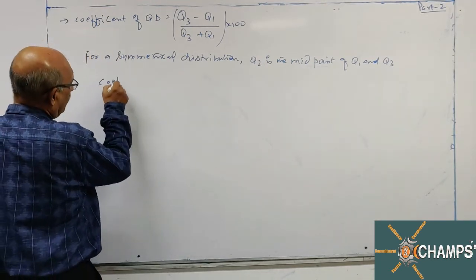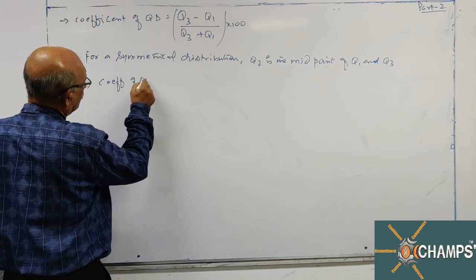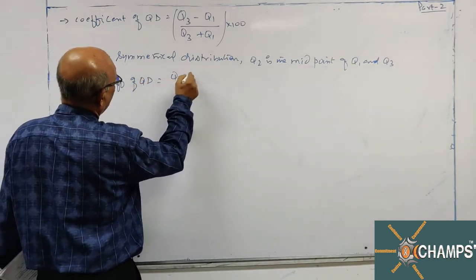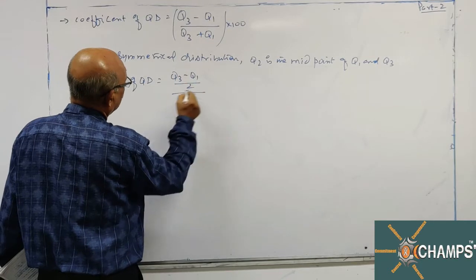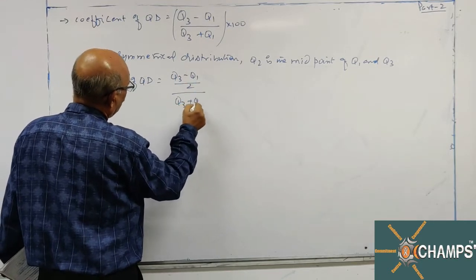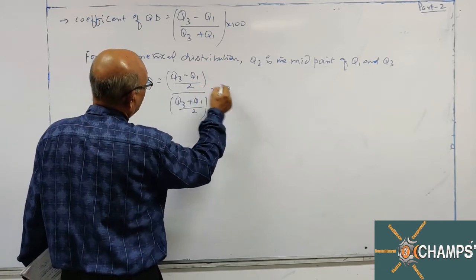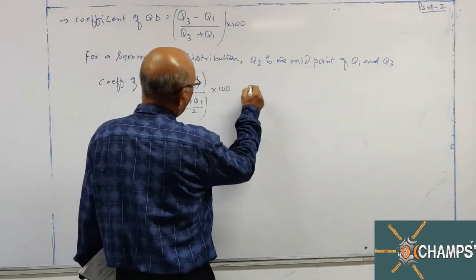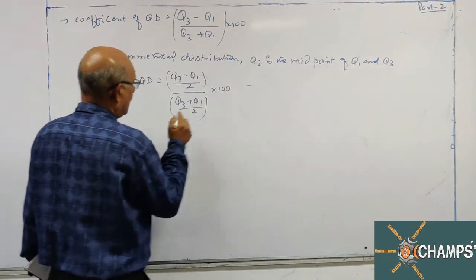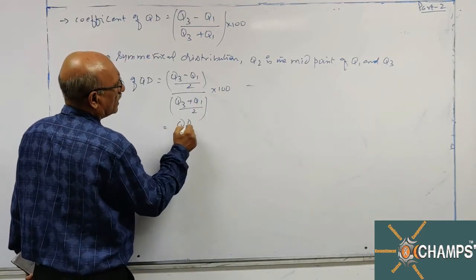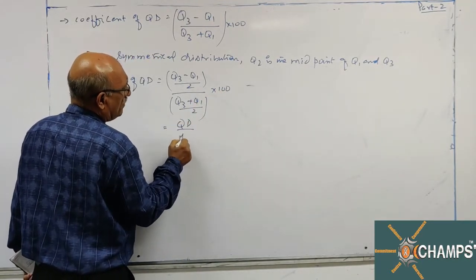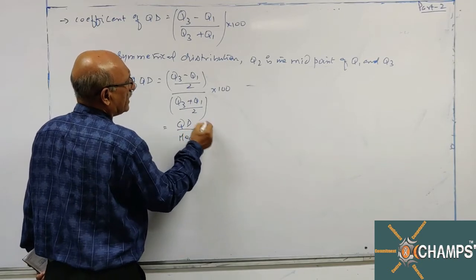So coefficient of QD is equal to Q3 minus Q1 divided by 2, over Q3 plus Q1 by 2, into 100. So numerator is equal to quartile deviation, denominator is median, into 100.